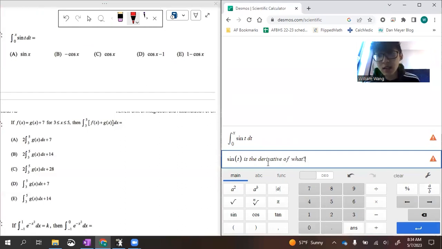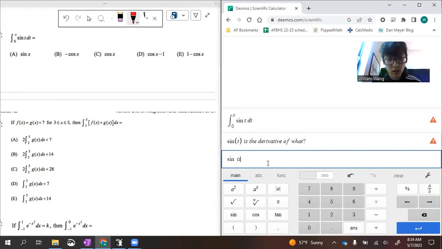This is that phrase I had us repeat in class. Well, sine is actually the derivative of negative cosine, which might be tricky to remember, but think about it. Take the derivative of negative cosine. It would be negative sine, so it'd be positive sine.